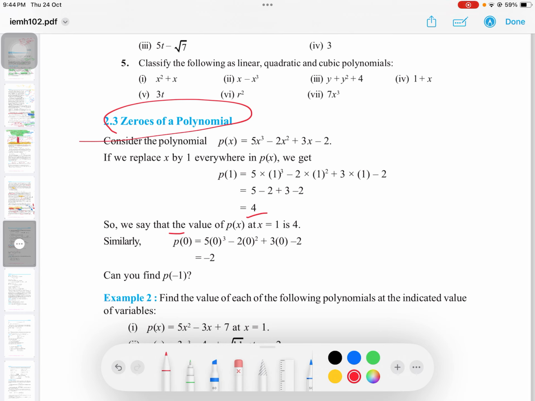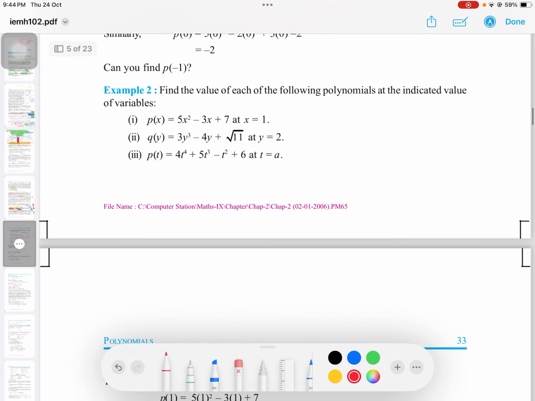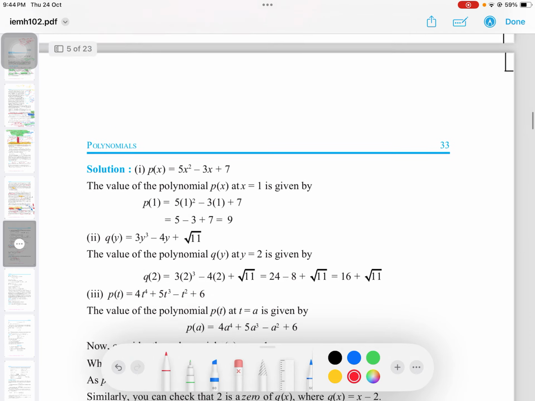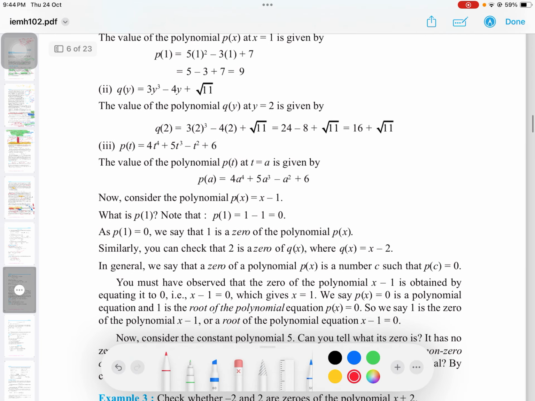So can we say that the value of p of x at x equal to 1 is 4? Obviously, but these are all just a few examples. This is just a very obvious practice. If x equal to 1, what is the value of this? Solve all this and you would get that.